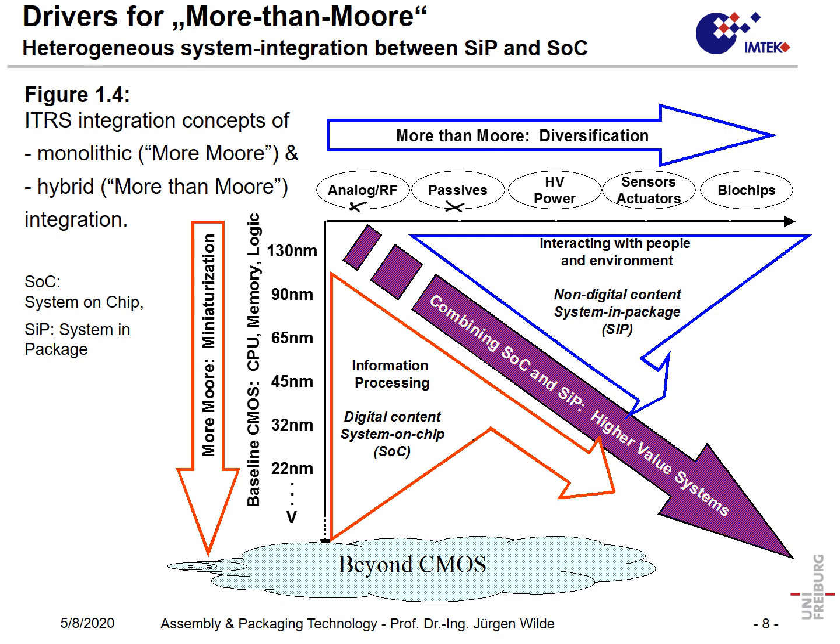And of course, for the IMTech people, sensors and actuators are of utmost importance. Another thing is biochips, so bringing electronics in contact with human bodies, for instance, or inside human bodies, you need special assembly and packaging.